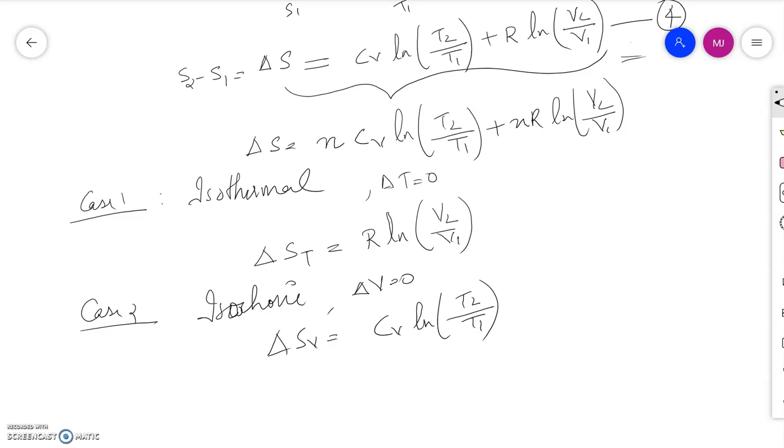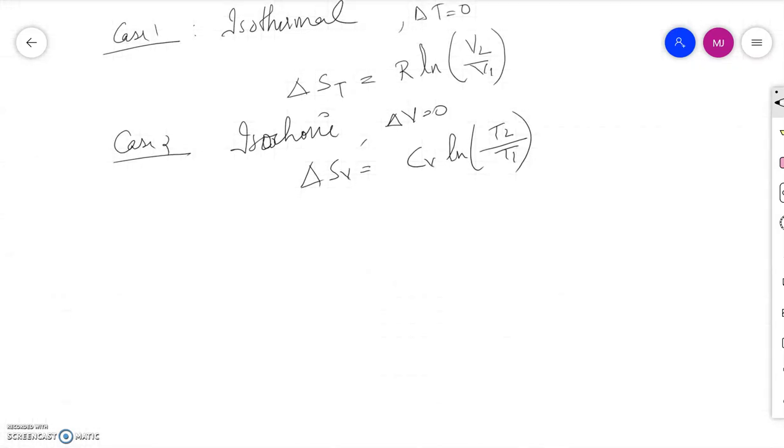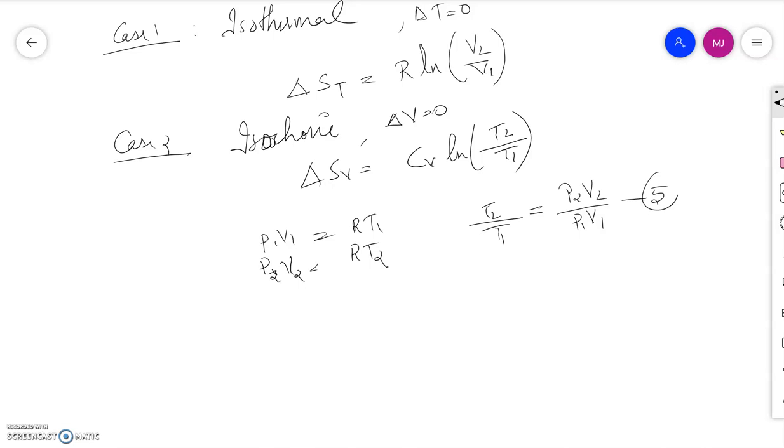Okay, we know that for an ideal gas, P1 V1 is equal to R T1, P2 V2 is equal to R T2, or T2 by T1 is equal to P2 V2 by P1 V1. We are putting this as equation 5.